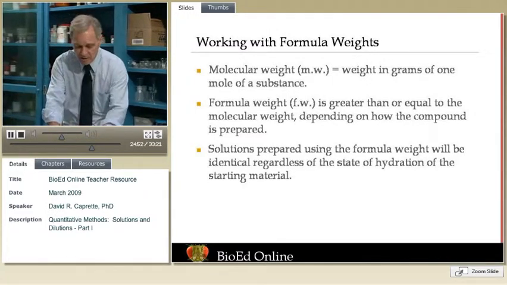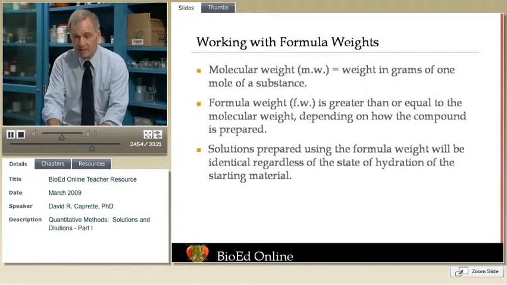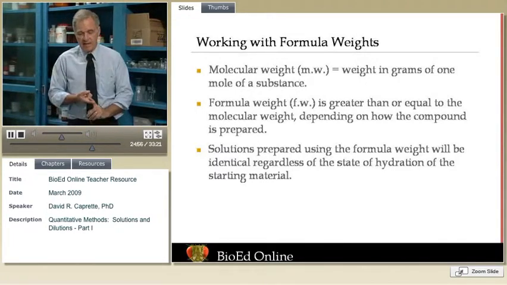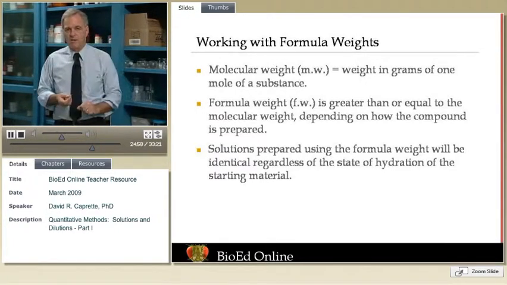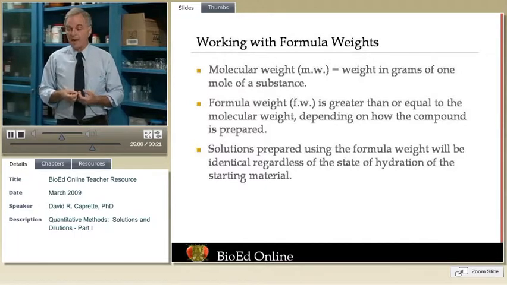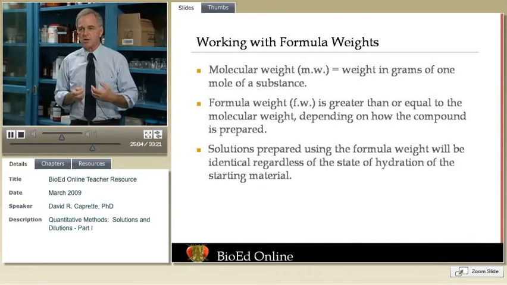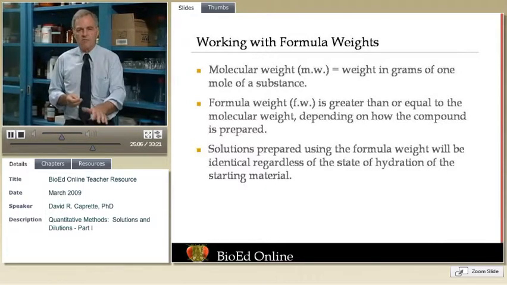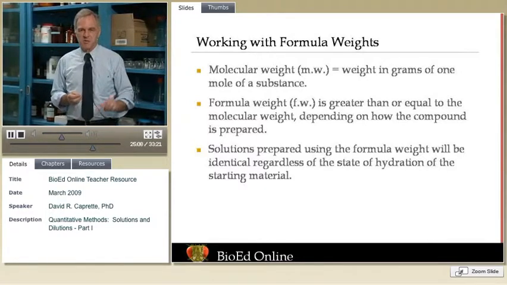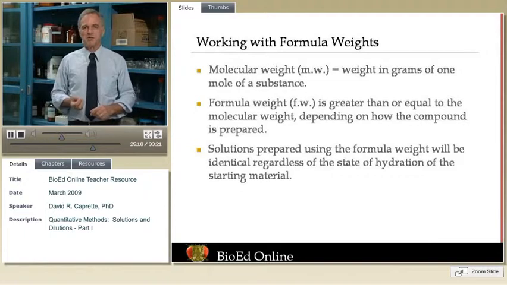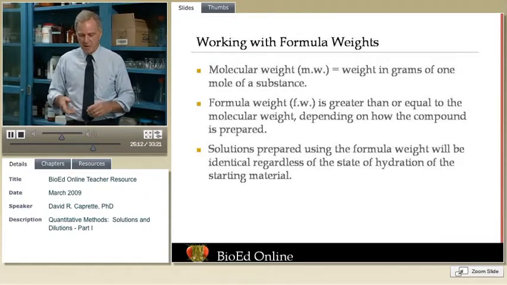There is another reason that we work with formula weights, by the way, besides hydration, and that is sometimes our compound comes as a salt form. We might have the sodium salt of a particular compound, the potassium salt, and so on. And in part 3, under tricks of the trade, I think I'll talk a little bit about salts and how we work with them.